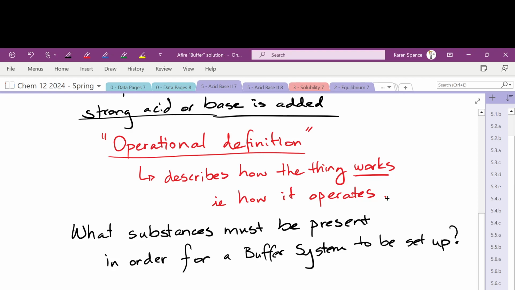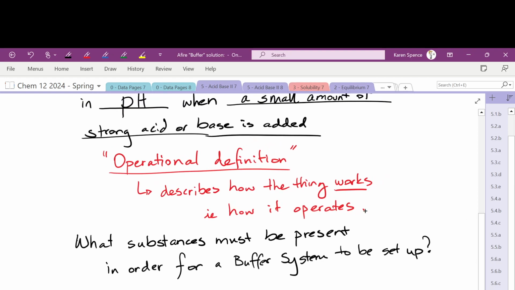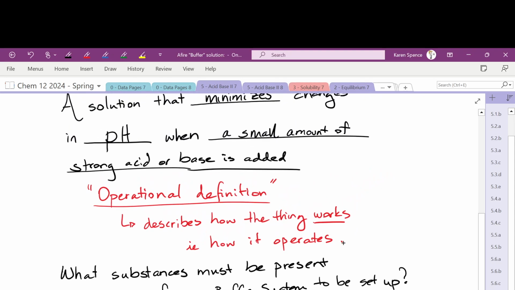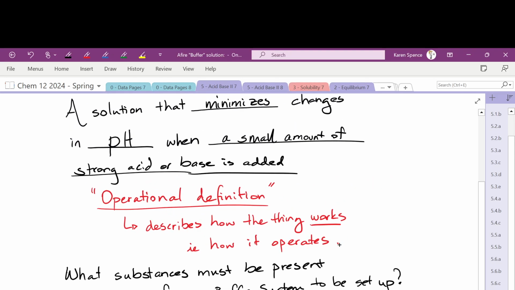See if you can think back to last day. And if you can't, please feel free to flip through your notes. Ooh, yes, we need to have a high concentration of certain things.